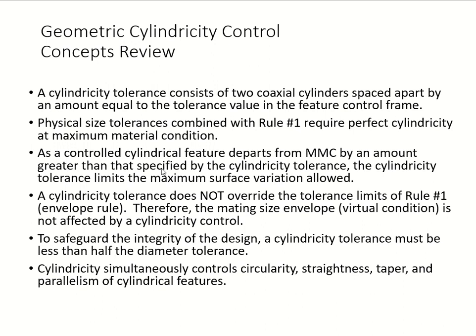The controlled cylinder feature is going to depart from MMC, and that sometimes happens and starts your variation, okay? Of course, your cylindricity tolerance is always going to limit your maximum surface variation, meaning you can't go beyond that size limit. So the cylindricity tolerance is not going to override your size limits in Rule 1.